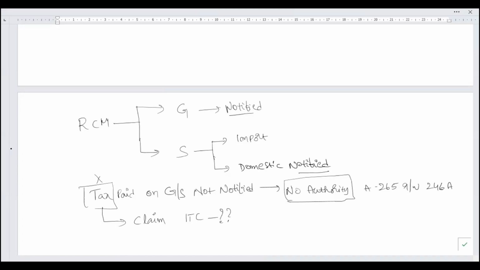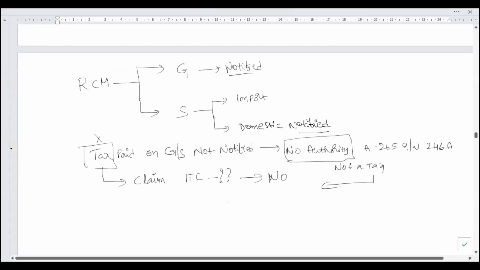Say I didn't know that director's salary is a Schedule 3 item, but by mistake I have paid. Every month 1 lakh salary, on which 18,000. So when I paid 18,000 under reverse charge, can I claim ITC? The answer is no. I cannot claim input tax credit. Reason? When it is not a tax, where is the question of input tax credit? There is no question of input tax credit.